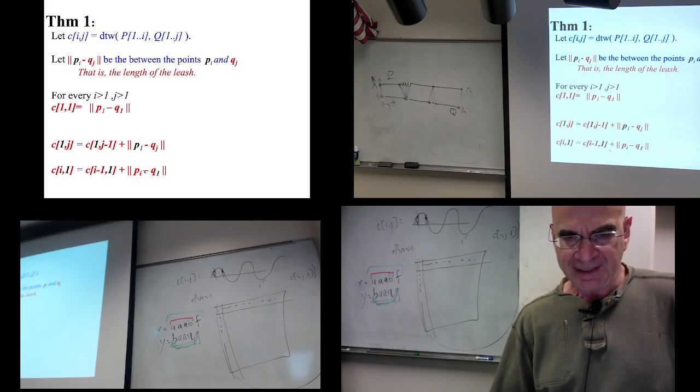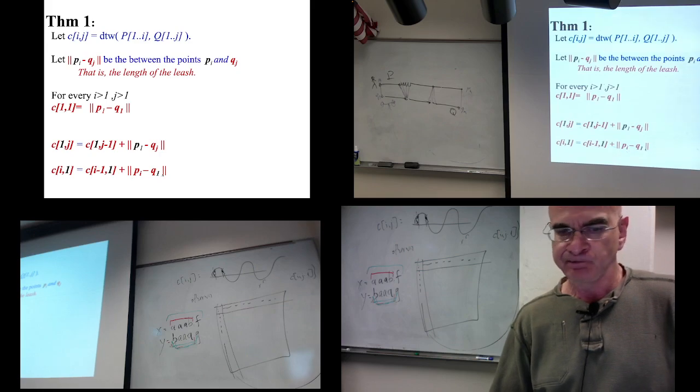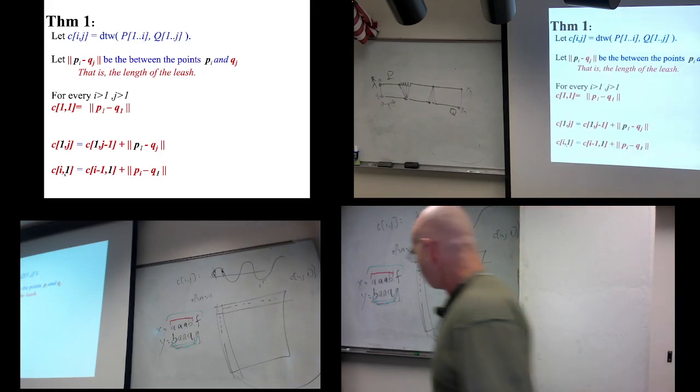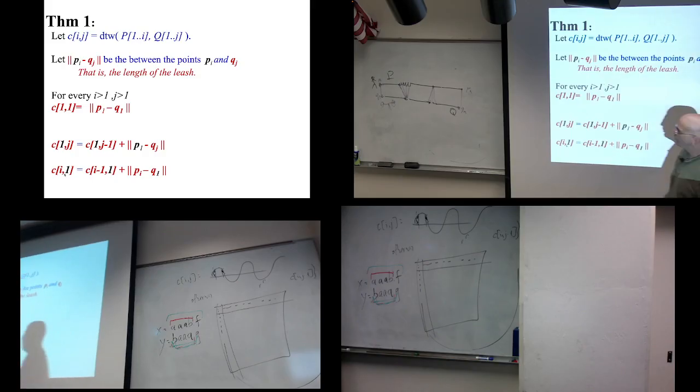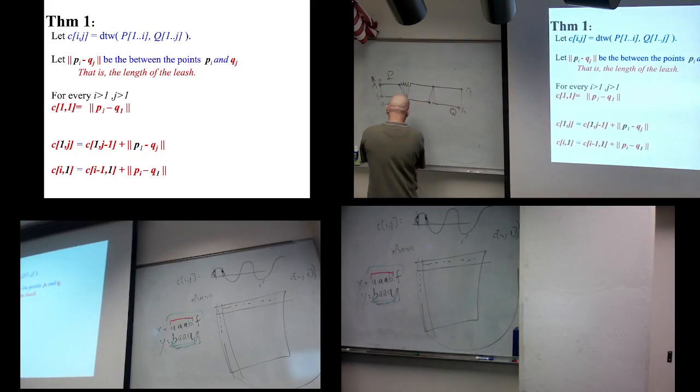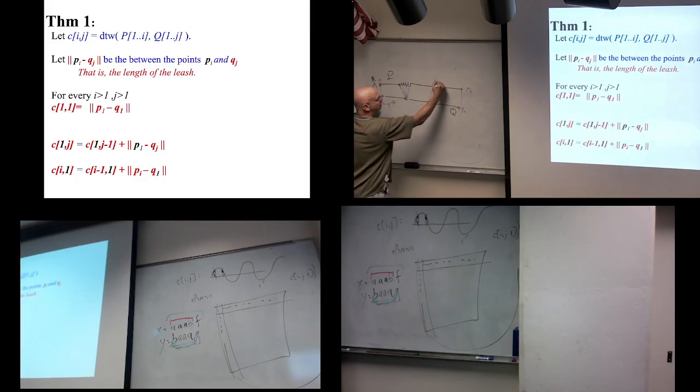You have to pay the length of the last leash. What is C of i,1? C of i,1 means the dog is stuck at Q1. The dog cannot move. It means that I'm moving all the way up to Pi.